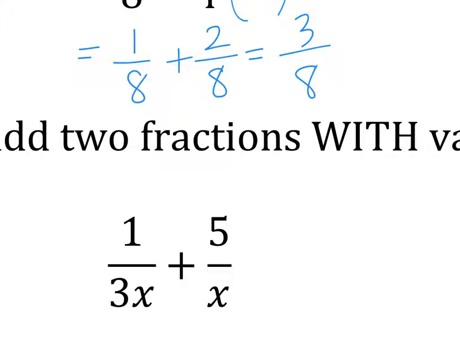Now let's look at this question. 1/3 plus 1/3x plus 5/x. What is the least common denominator? 3x. So let's write it on the side. Least common denominator is 3x. Okay, so the fraction on the left, does it need anything? No, it already has 3x.